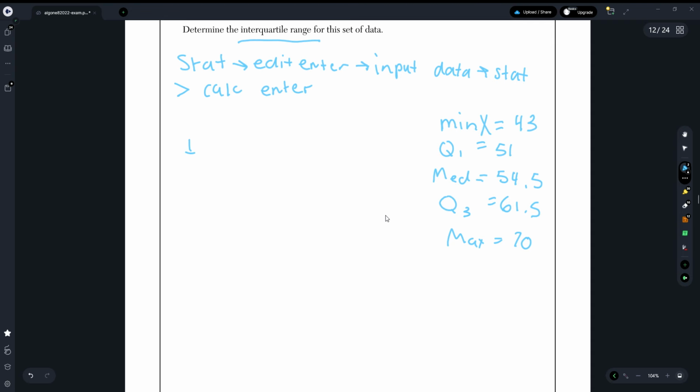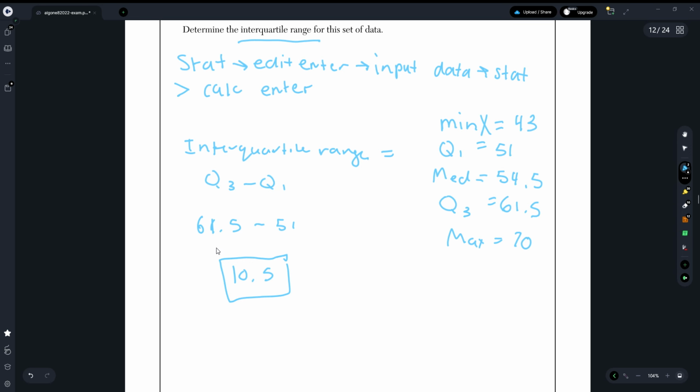So interquartile range is equal to Q3 minus Q1. That's just the formula. So I'm going to do 61.5 minus 51, and I'm going to get my interquartile range as 10.5.